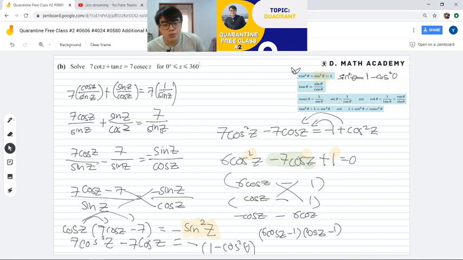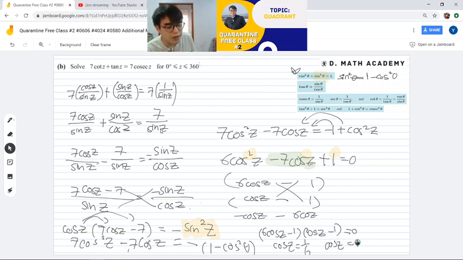So these two will be your temporary results. So break it down, you will get cosine z equals to 1 over 6, and your cosine z equals to 1.